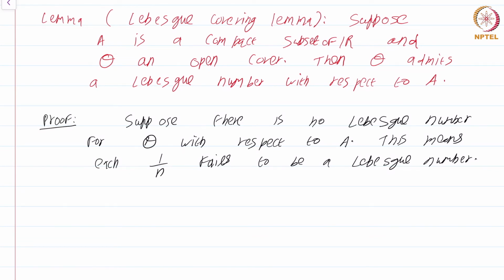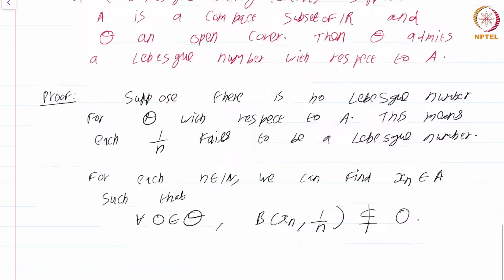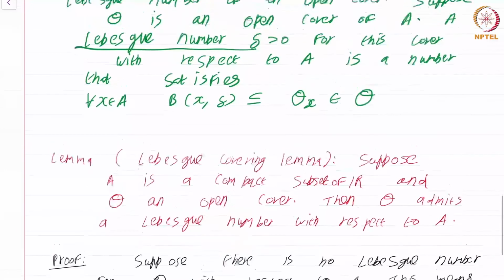Because each 1 by n fails, for each n in the natural numbers, we can find x_n in the set A such that for all O in this script O, B(x_n, 1 by n) is not a subset of O, right? What is the condition that a particular number is a Lebesgue number?